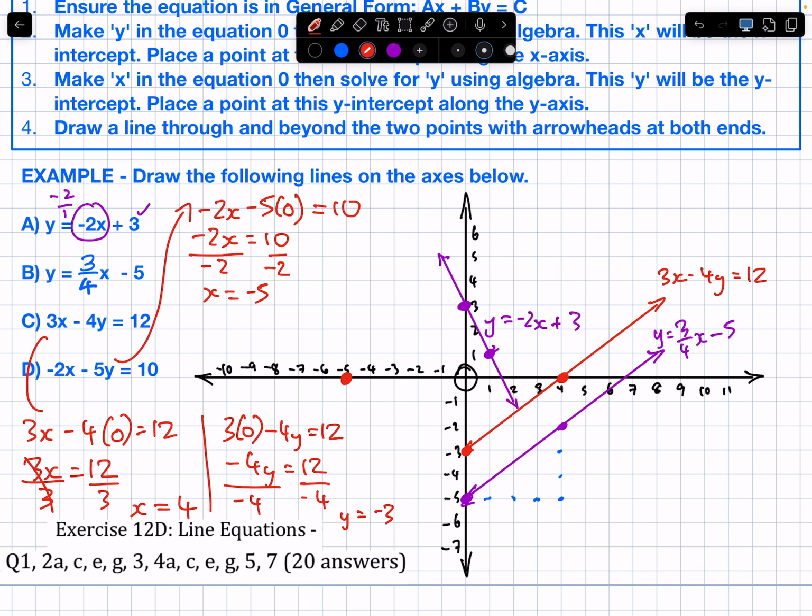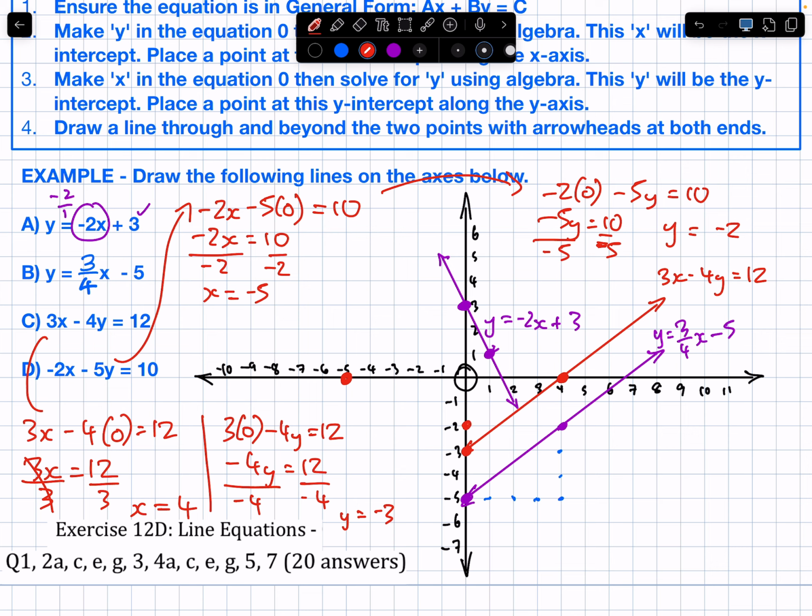I'm running out of space to do my math, so let's do it over here. Negative 2 lots of nothing, take 5y equals 10. Negative 2 lots of nothing. Still nothing. Negative 5y equals 10. What's negative 5 doing to y? Multiply. Good. So opposite. Divide. Negative 5. So y is going to be negative 2. So I have 2 dots now.